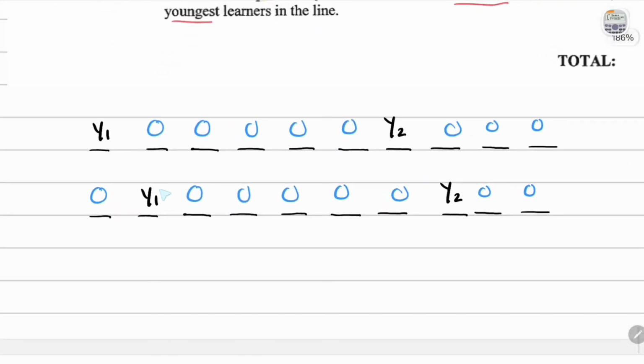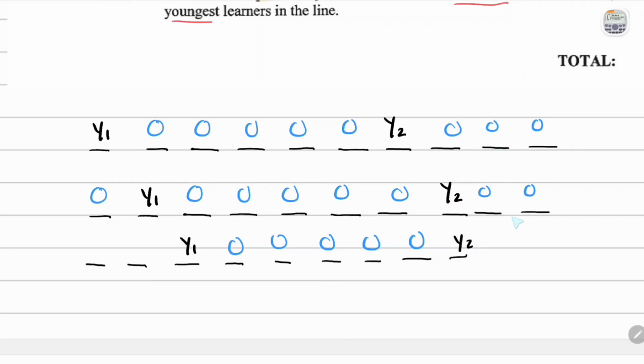And then another way that they could be seated would be where you have 1, 2, 3, and that youngest learner is in the third position, this one of the youngest learners. And then again, you would have 1, 2, 3, 4, 5 places where you have 5 students in between them. And then there is the other younger learner.